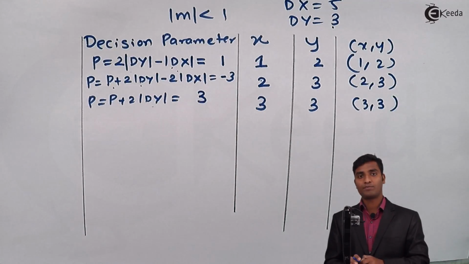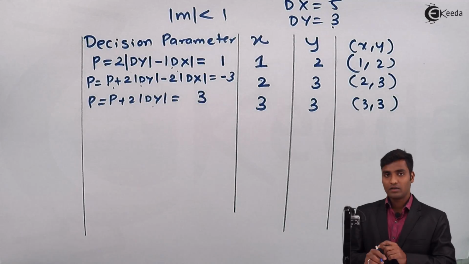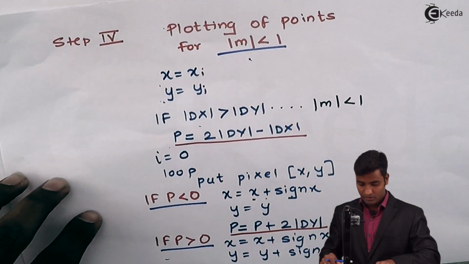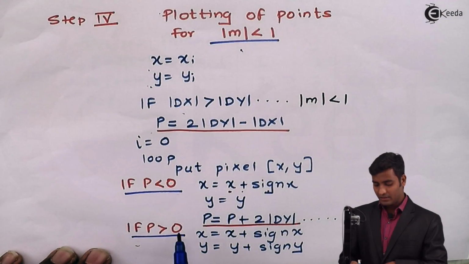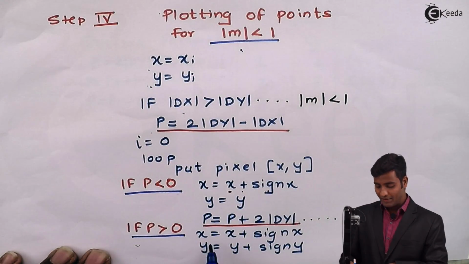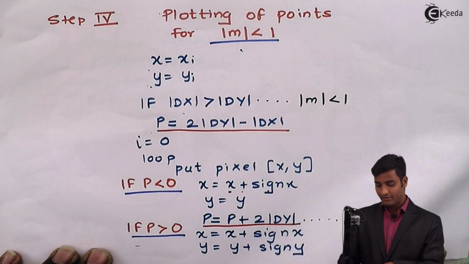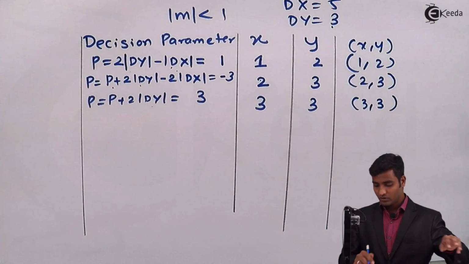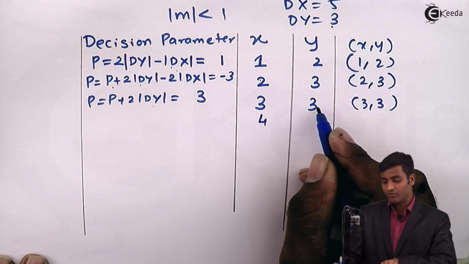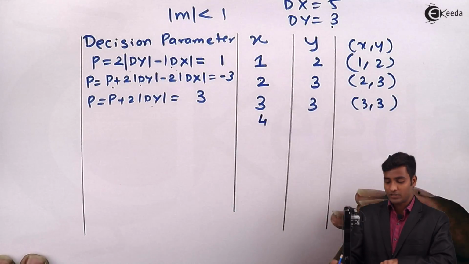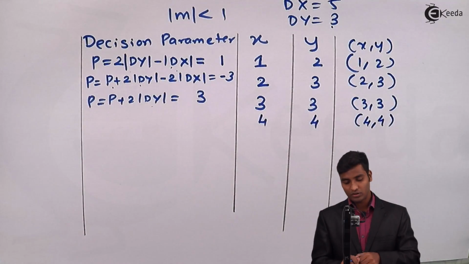The answer came out positive, so the condition is greater than 0, so I will use x as x plus sin x and y as y plus sin y. So 3 plus 1 is 4, and the y term is also 3 plus 1, it is 4, so the coordinates came out to be 4 comma 4.